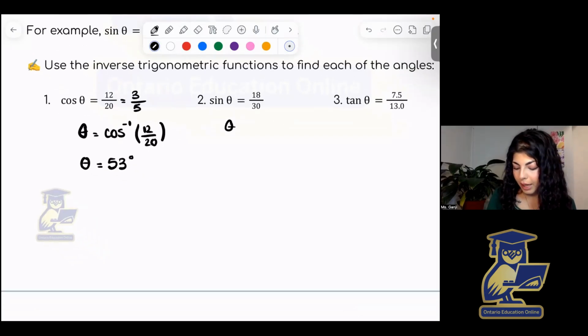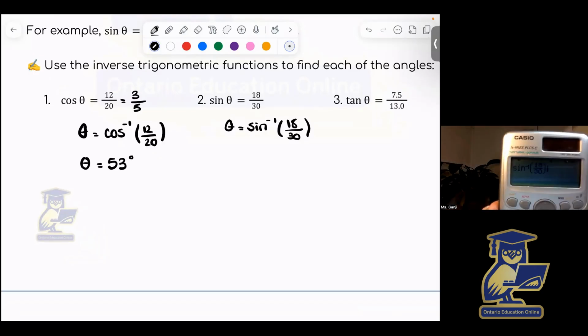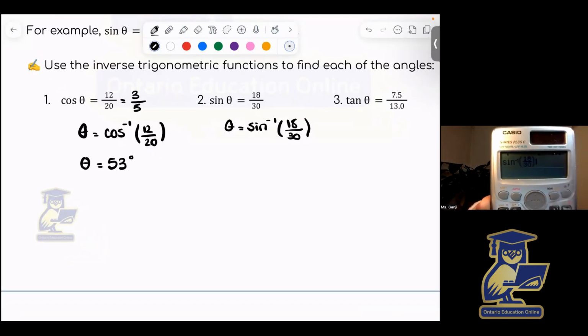Now in this next one, we have sine. So we take inverse sine of 18 over 30. And again, I'll show you on my calculator. So as you can see, I have the sine inverse and then 18 over 30.